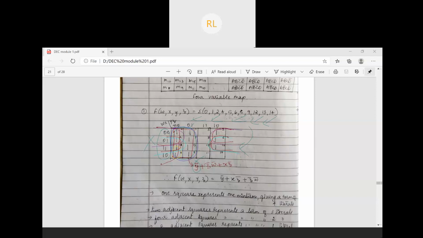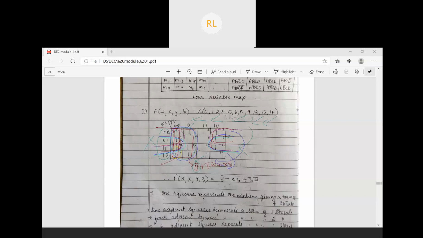If you have covered a one, if it's just a single one, you don't have to take it again and again. In this case, I'm having 2 ones here, and here also I'm having 2 ones, so I just group them. This is how we get our y bar, and then one I get from here, the other one I get from here.